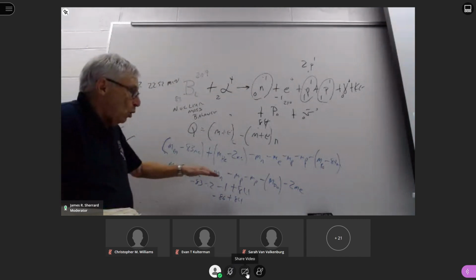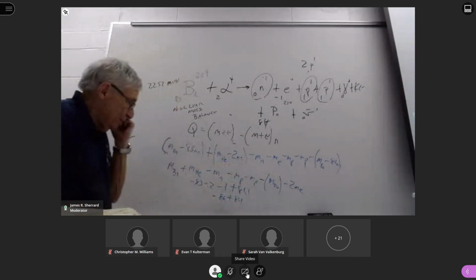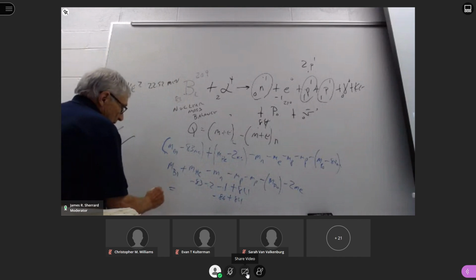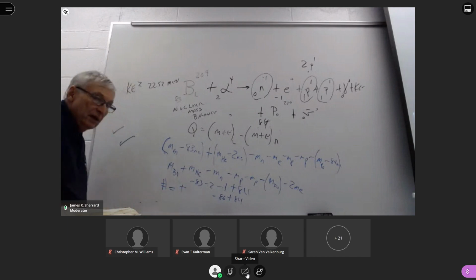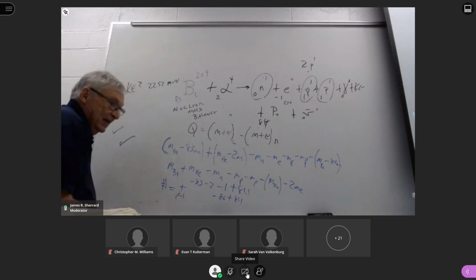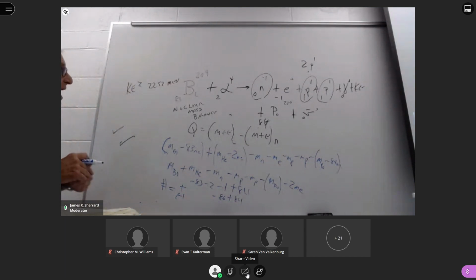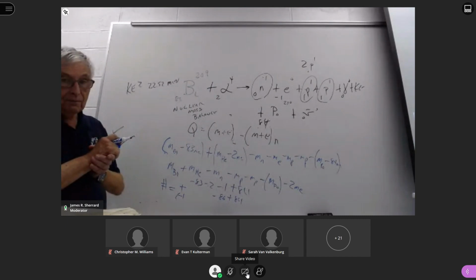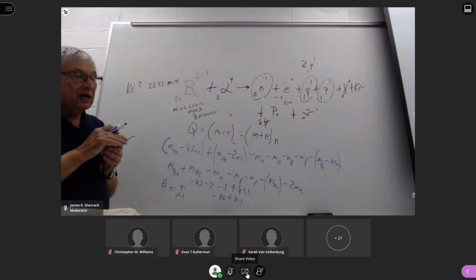Then I throw in the values for all these masses, and I come up with a value. If the value is plus, this can occur. If the value is negative, it cannot occur unless you add energy to the left-hand side. And you could have done that a number of ways.